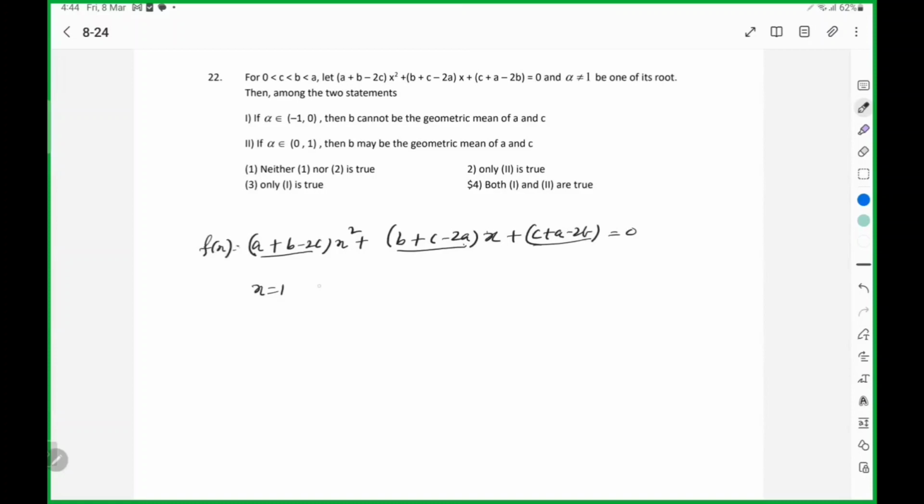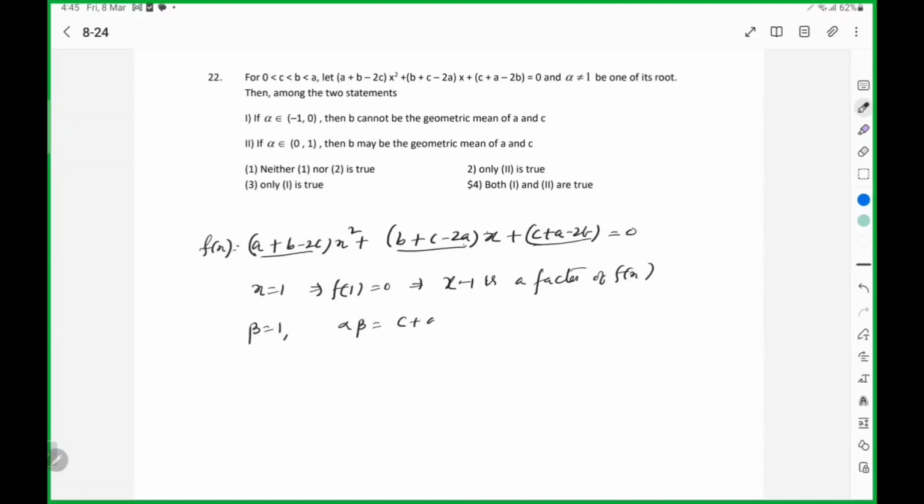Put x is 1. f of 1 is 0, which implies x minus 1 is a factor of f of x. Or one root is 1. So let us say beta is 1.